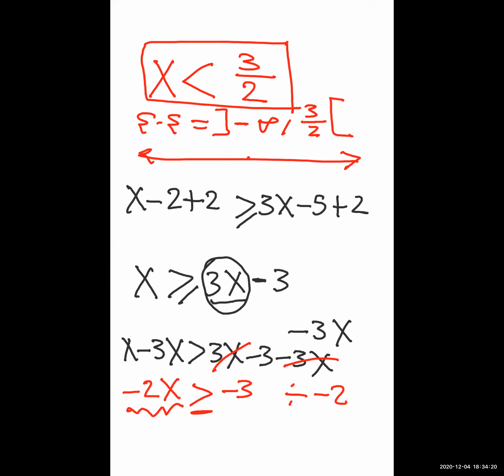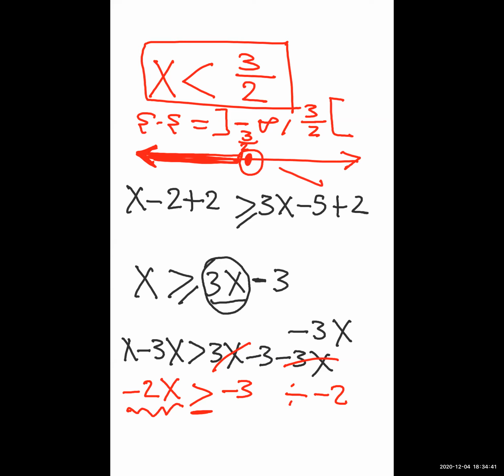This one is 3 over 2, so an unshaded circle, and shade the whole direction of the negative side. Okay, guys, is it clear? Yes, clear. Very good.